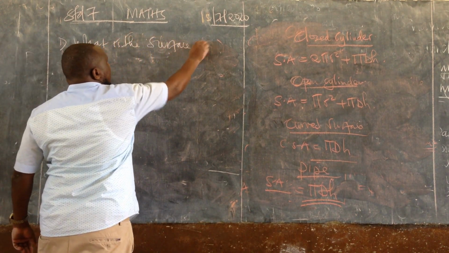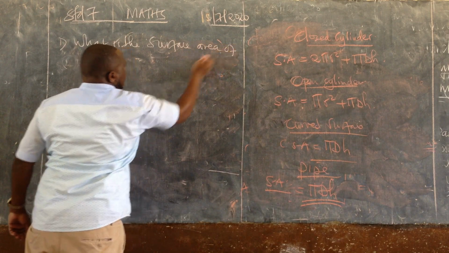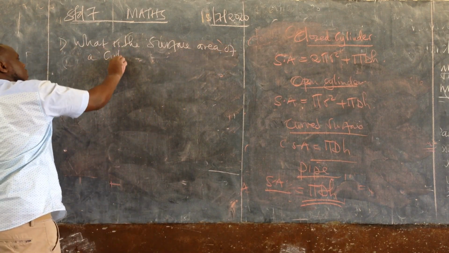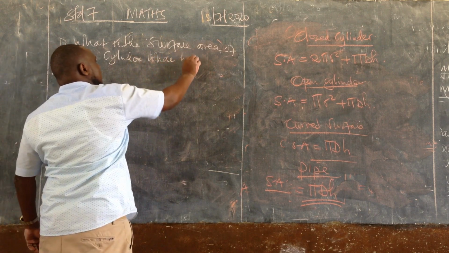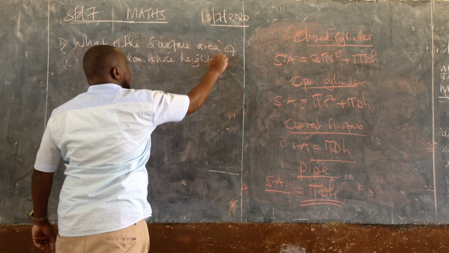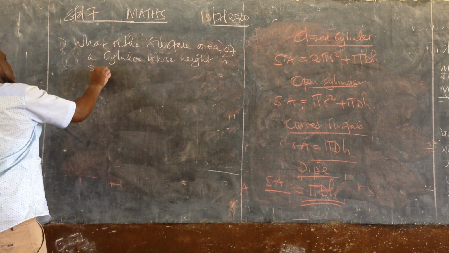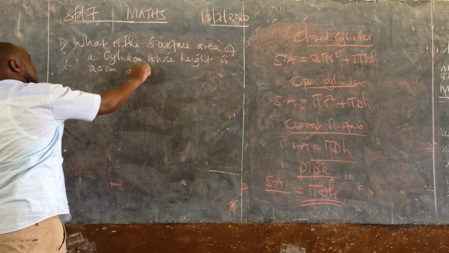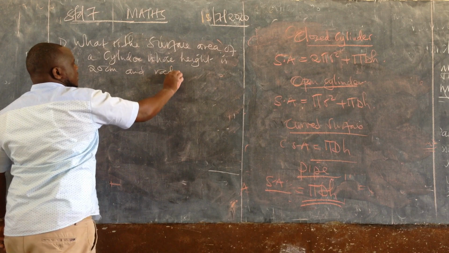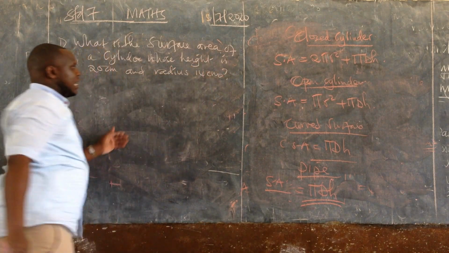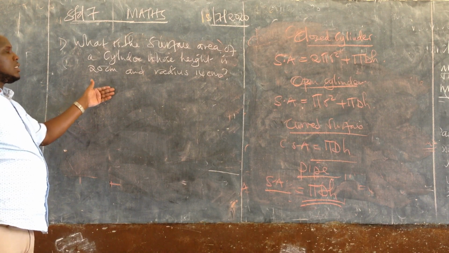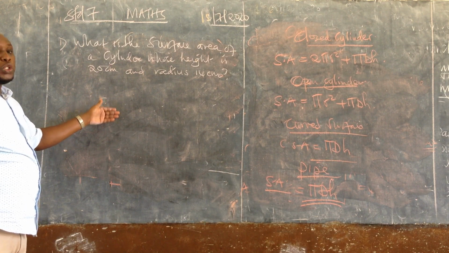What is the surface area of a cylinder whose height is 20 centimeters and radius 14 centimeters? So Lana, when you get a question like this, it's very important for you to be able to draw.